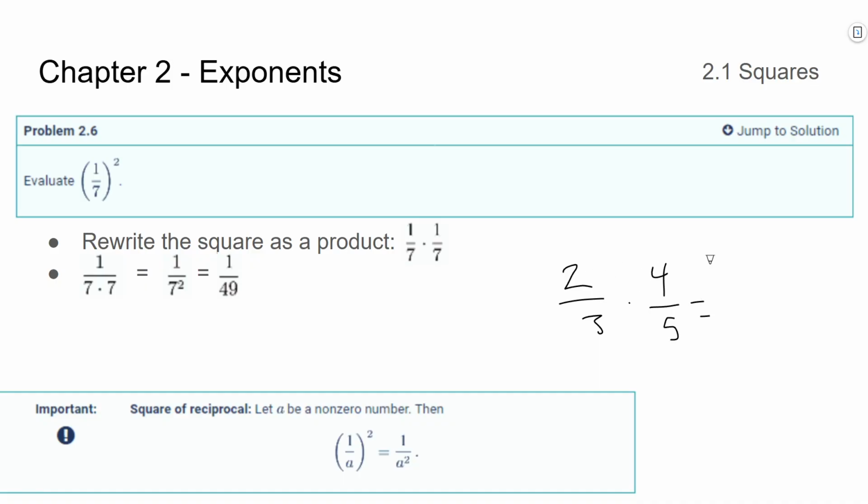So it would end up being 2 times 4 is 8, over 3 times 5 is 15. We just multiply across. Right here, we have just 1 times 1, so that just stays 1. But you would end up squaring the top also. Just in this case of a fraction with 1 in the numerator, you're going to be left with 1 after you square it also.